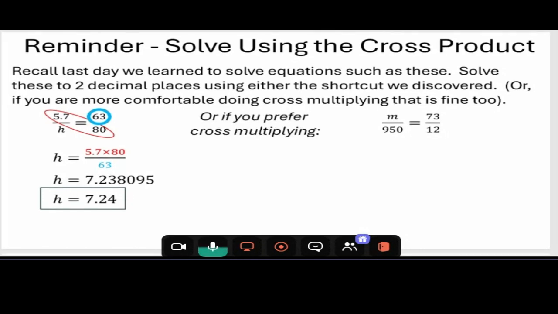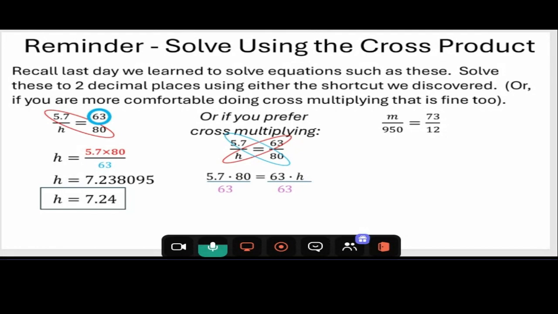Now, if you do like the cross multiplying, that's fine. And in some ways, it might be better, because shortcuts are great as long as you understand when to use them. Although even cross multiplying technically is a shortcut, as we saw last time. This is really just clearing fractions like we've learned to do in Math 053, Chapter 3. So the cross multiplying method, I take the two cross products and I set them equal to each other. 5.7 times 80 in blue, 63 times h in red.